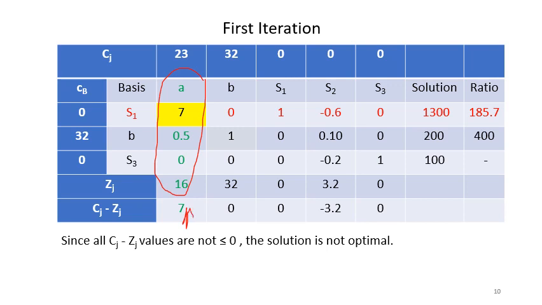Because there is only one positive value, this becomes your key column. Now take the solution, 1300 divided by 7, I think we will get 185.7.